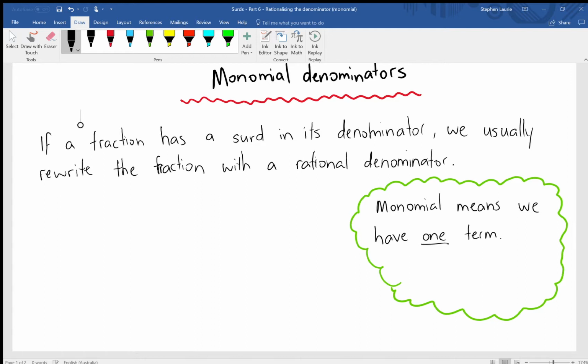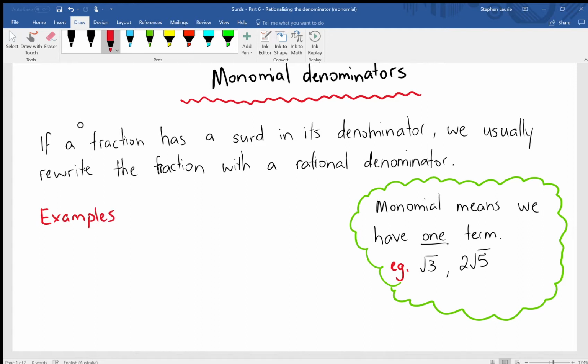So for example, the square root of 3, it's just one term. Or 2 root 5, it's one term. Unlike binomial, which was 2 terms, 3 plus the square root of 2. Okay, so that's binomial, and we'll look at those sort of questions in the next lesson. But for now, let's look at rationalising the denominator with some monomial denominators.